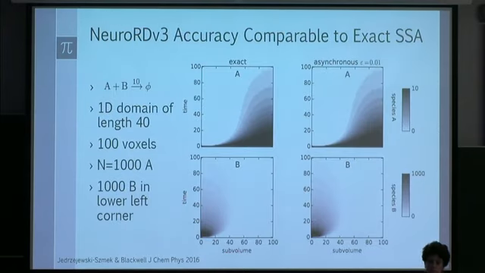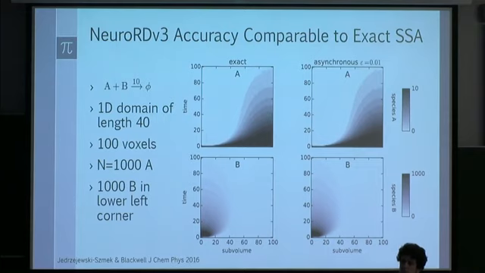So here's just one example where we compared accuracy. We did, again, a fairly simple A plus B goes to null. It's a one-dimensional domain of length 40. So here's our 100 voxels, and we're initializing some molecule in the lower left corner of B, and we have 1,000 A distributed, and so this is the time, and this is if we simulate it exactly, and this is if we do what we call our asynchronous tau leaping.